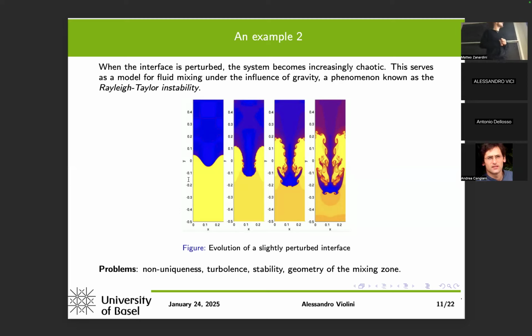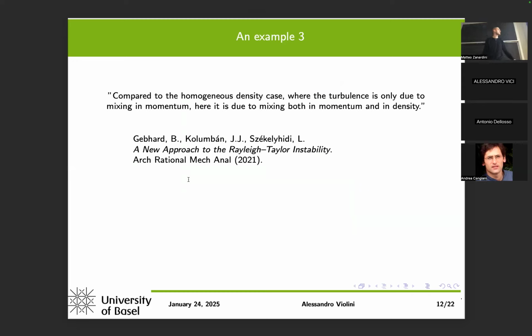From the physical point of view, this was well known in the last century. From the mathematical point of view, it was very hard to approach. But four years ago, there was this article by Gebhard, Kolumban, and Székelyhidi, where they started to prove this, and they managed to prove a non-uniqueness of the previous configuration. But I would like to point out this sentence from the introduction of their article, where they write that, since the density is not constant, because we have two positive constants, you could have two problems.